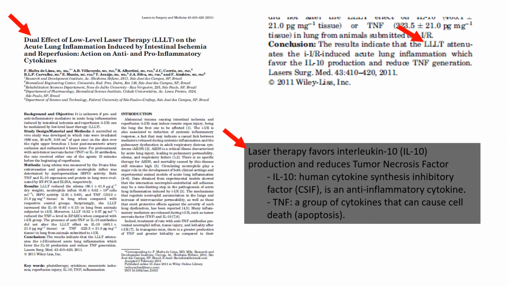But notice this study concluded: laser attenuates the ischemia reperfusion-induced acute lung inflammation, and it favors interleukin-10 production and reduced the tumor necrosis factor generation. So again, pointing out, with photobiomodulation, we are enhancing the good guys, in this case the interleukin-10 and other anti-inflammatory cytokines, as well as reducing the bad guys, the tumor necrosis factor.